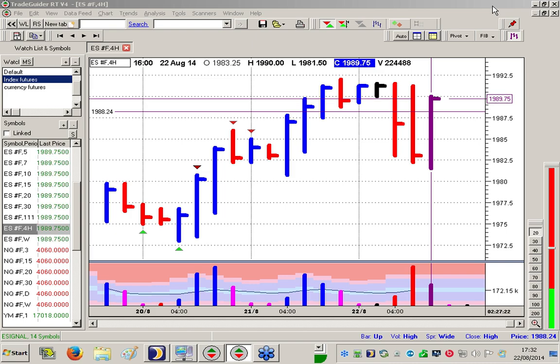Now we're looking here on the screen at a 4-hour chart. This gives you a pretty good idea; in a way it's as good as a daily chart, even better. I do apologize because it's all so simple in hindsight.